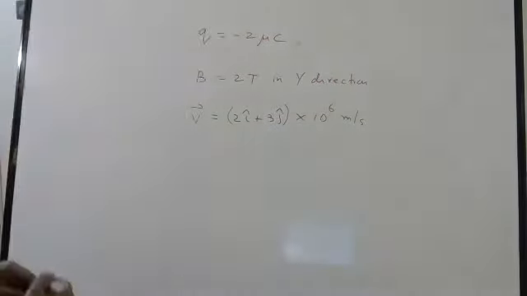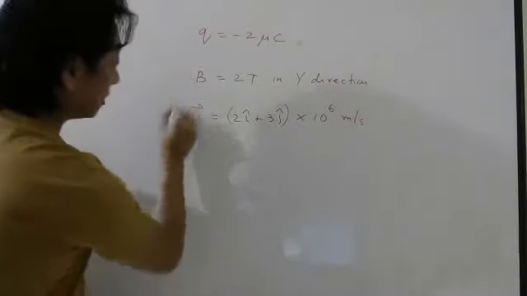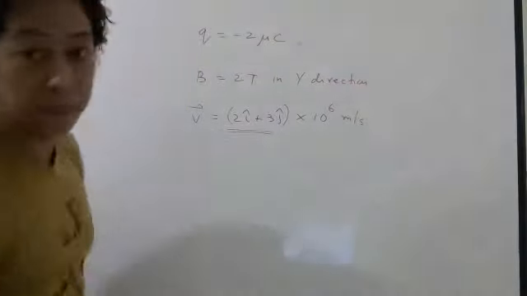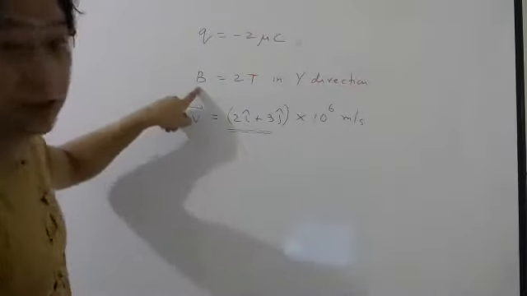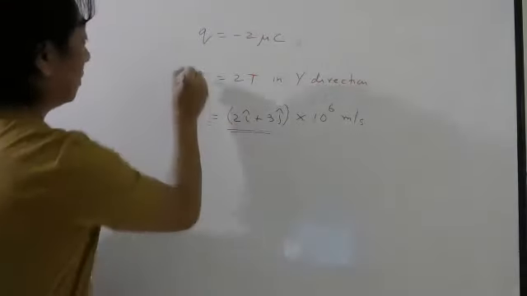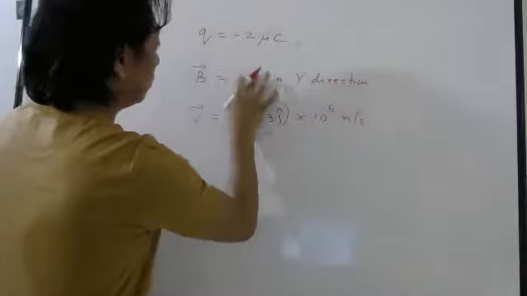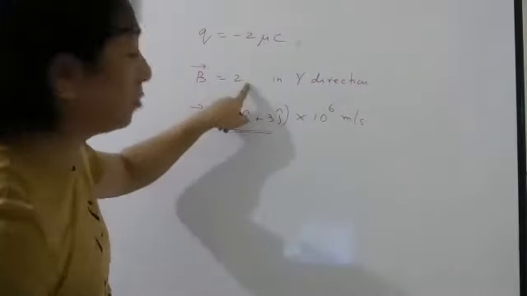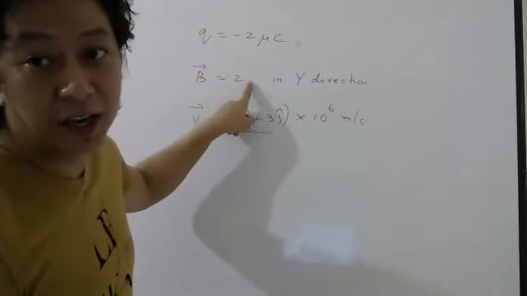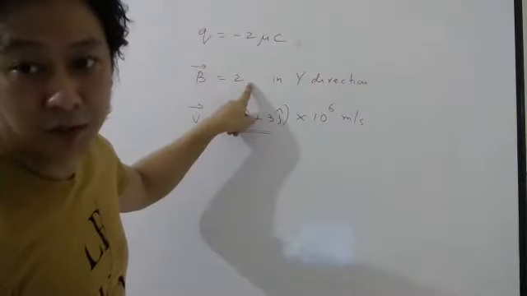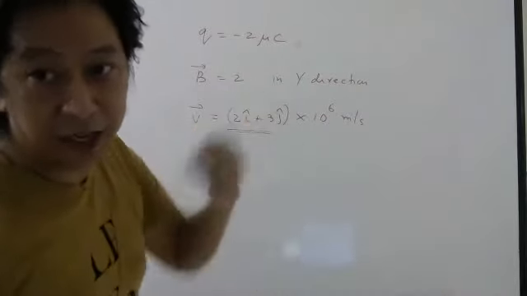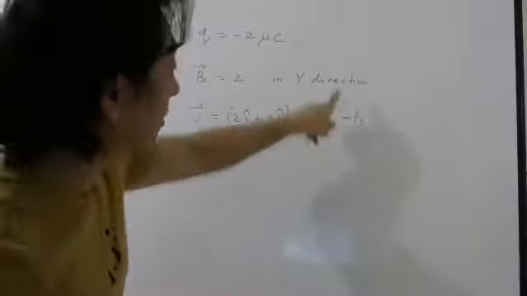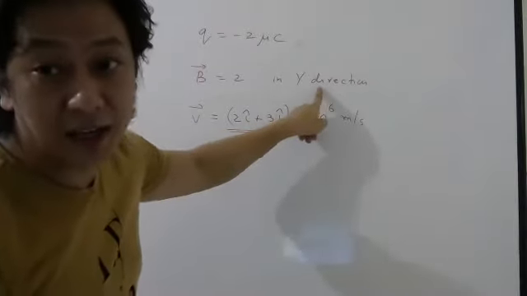Okay, so look here. Since velocity is given in vector form, it is better to write magnetic field also in vector form. So B bar will be 2. What cap I should write? i cap, j cap, k cap. Because if you write in vector form, you have to write i cap, j cap or k cap. j cap because it is moving in y direction.